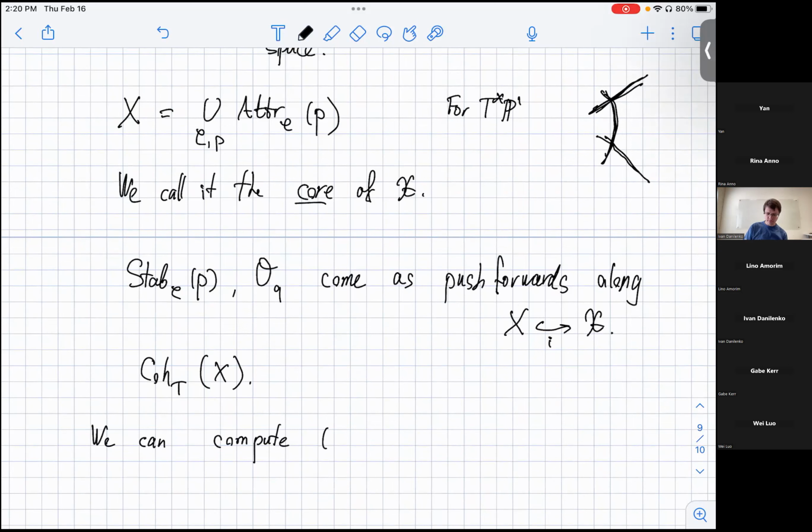Well, X is singular. Yes. So let me be a little bit sloppy here about what I actually mean. In principle, it's a category of coherent sheaves, and you can define it.